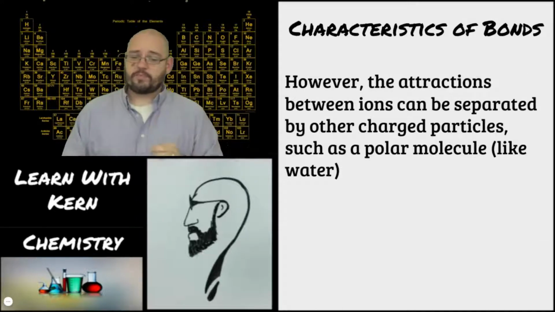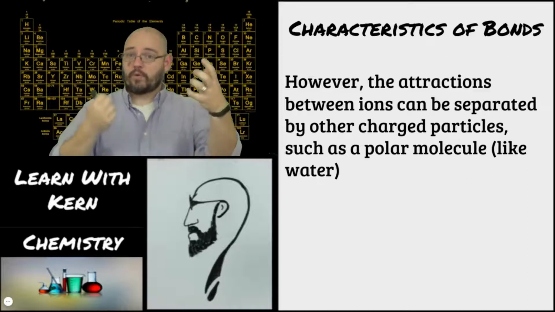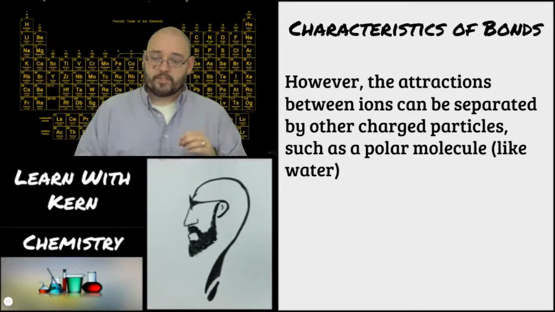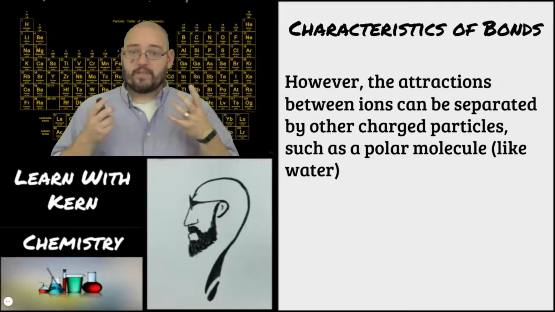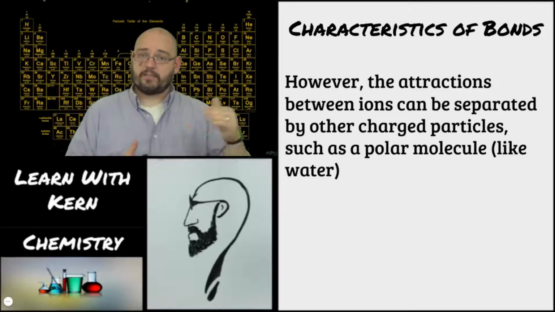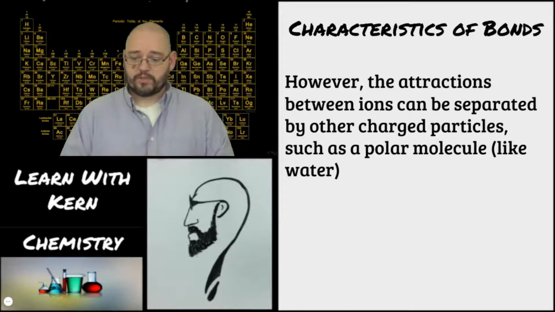However, the attractions between these ions can be separated by other charged particles. Because it's, again, the positive-negative attraction. So if you bring in more positive and negative attractions, you can pull it apart. So we can pull it apart with polar molecules. And we talked about polar bonds a little while ago, in the previous video. And in a little bit, I'll explain what polar molecules mean.